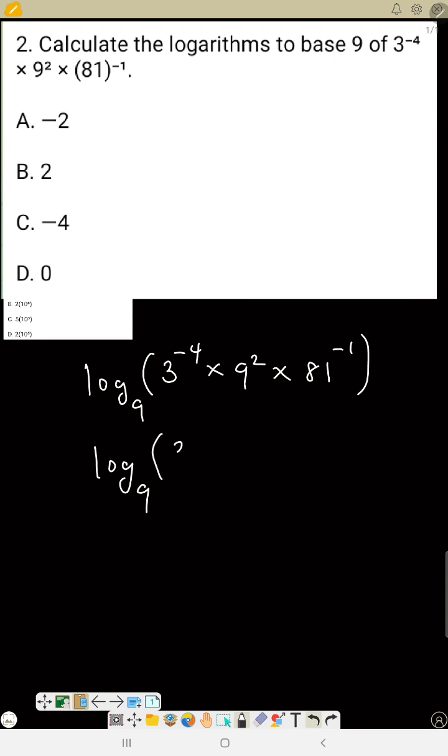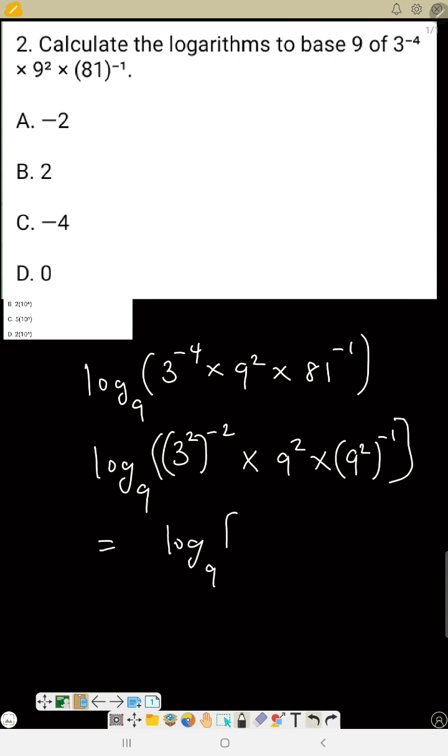So this is the same thing as 3 squared raised to power minus 2. 3 squared is 9, because 2 times 2 will be 4, so 3 squared raised to power minus 2 is 3 raised to power minus 4. Then times 9 squared, I'll leave it as 9. Then 81 is 9 squared raised to power minus 1, because 9 times 9 is 81. So this is log to base 9 of 9^(-2) times 9^2 times 9^(-2), because 2 times minus 1 is minus 2.